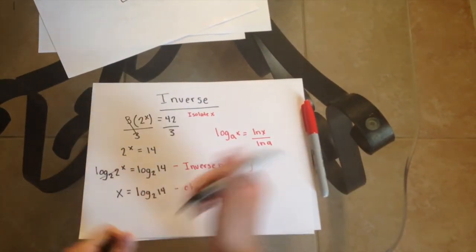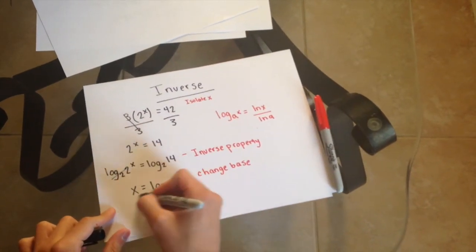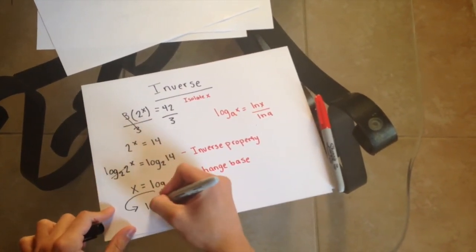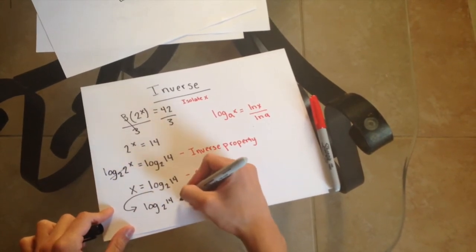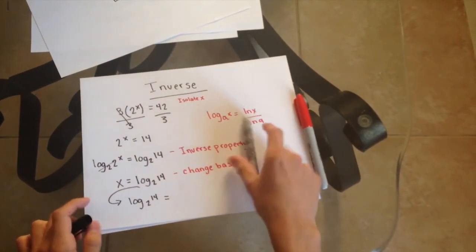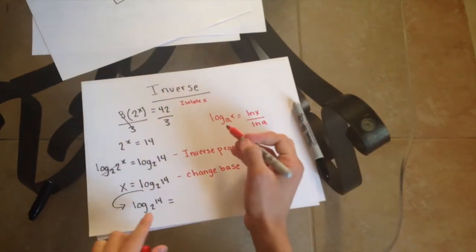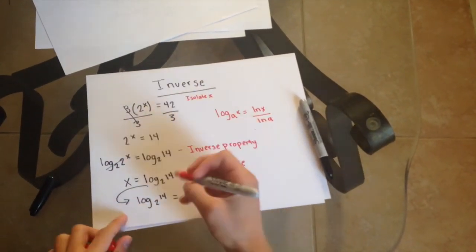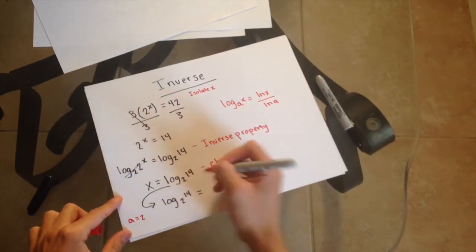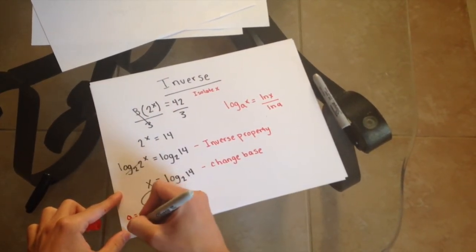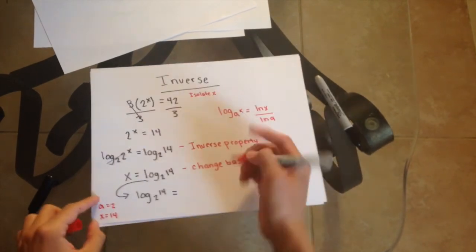So log base 2 of 14 will equal, here's our property, a is 2 and x is 14.